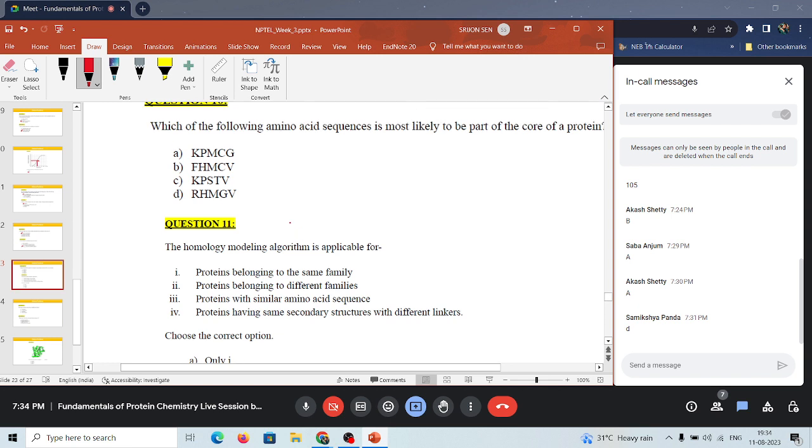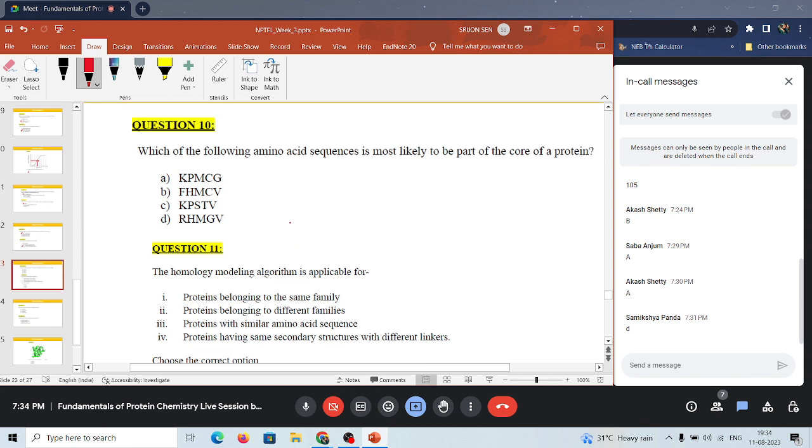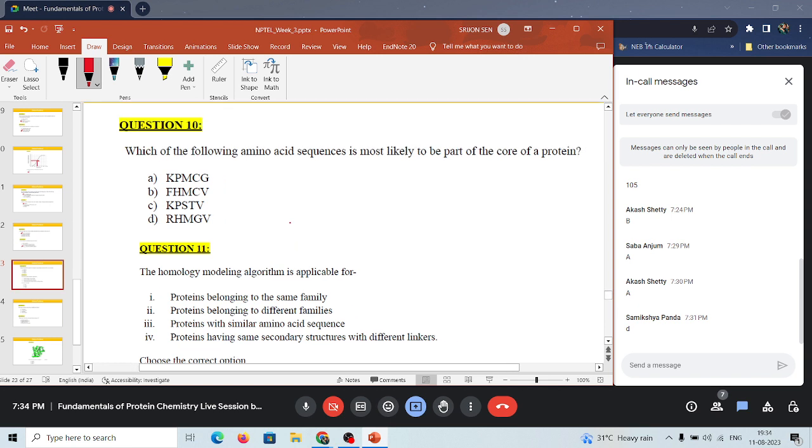Okay, question number 10. Which of the following amino acid sequences is most likely to be part of the core of the protein? Just a hint for this question, the core of the protein consists of hydrophobic residues. Mostly the core of the protein has a higher concentration of hydrophobic residues. So your job is to find out which has the maximum number of hydrophobic residues.